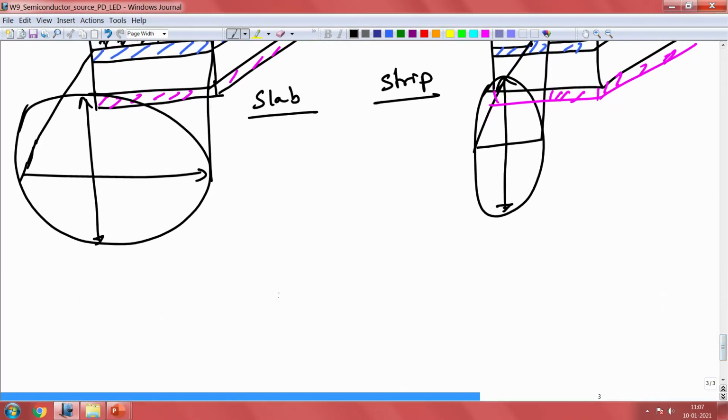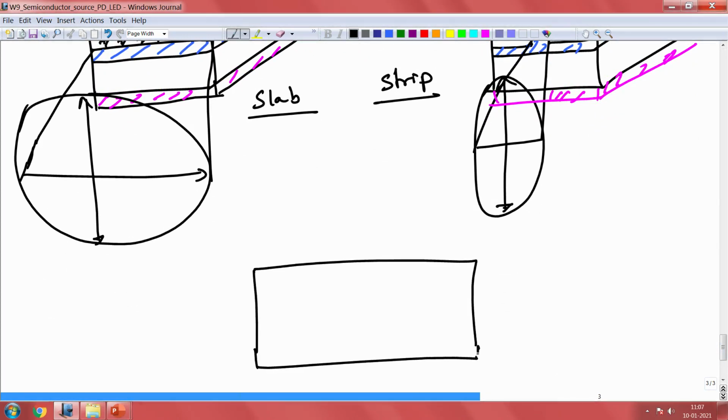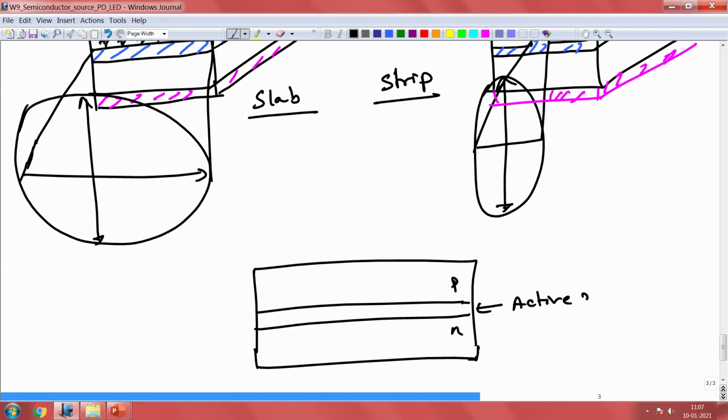So, let us look at that cross section. So, this works similar to a strip, right. So, we have the p type and then we have the n type, right. This is the active region, and now we have the metallization at the bottom as usual.